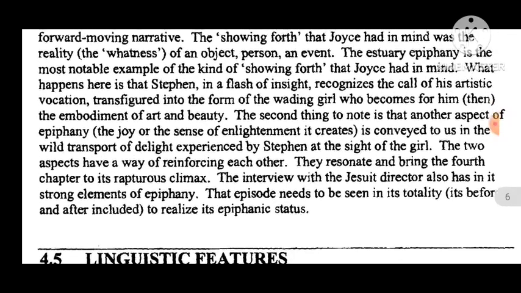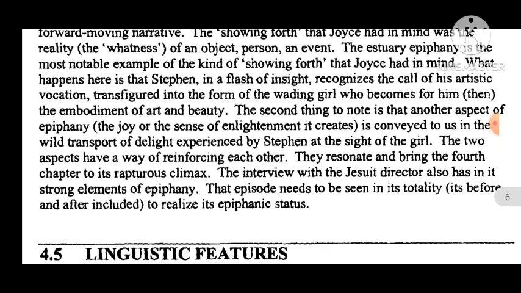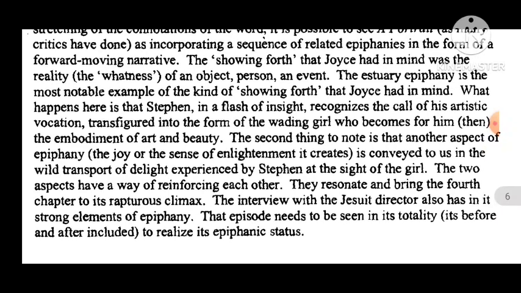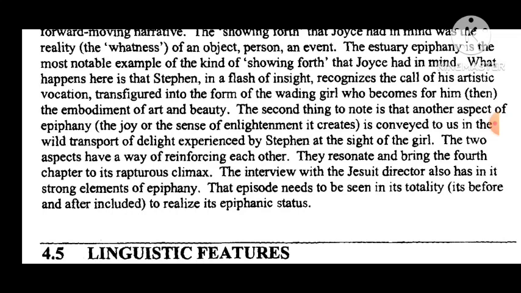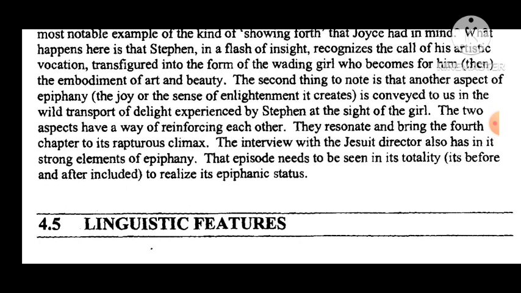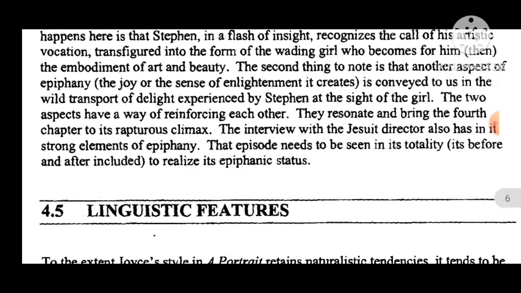What happens here is that Stephen, in a flash of insight, recognizes the call of his artistic vocation, transfigured into the form of the wading girl, who becomes for him the embodiment of art and beauty.